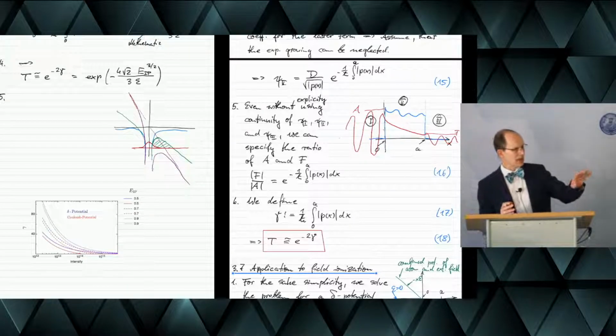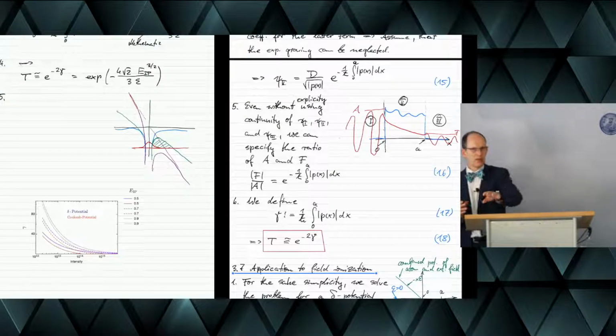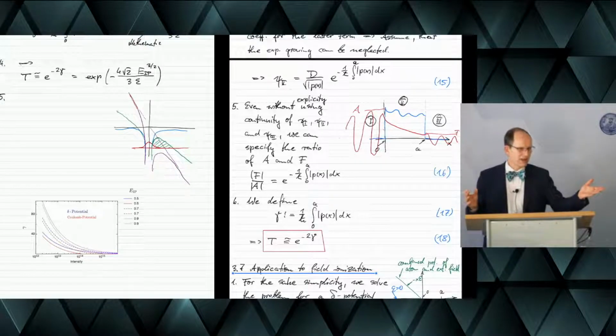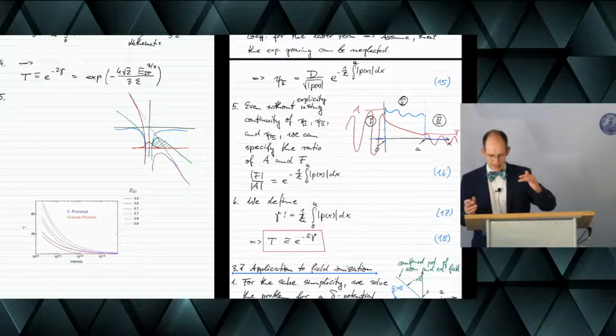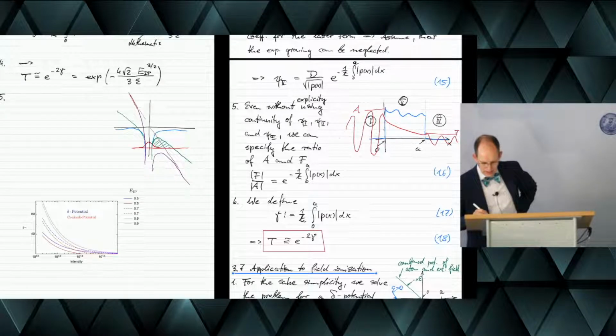Well, what I have to mention here, a big side remark, we are doing here a one-dimensional atom, whereas real atoms are, of course, three-dimensional. The shape of this tunnel in one dimension is quite simple.